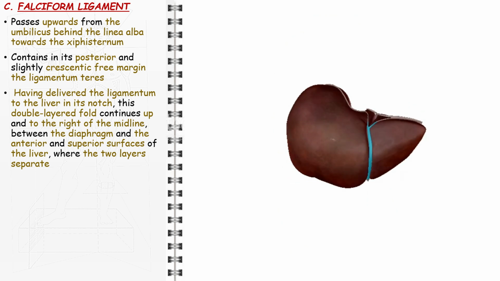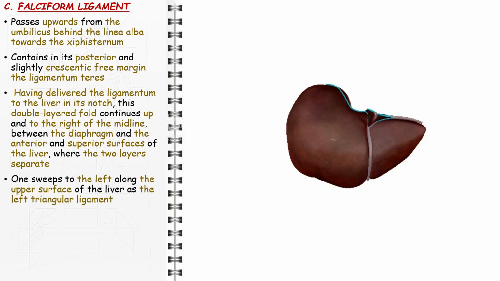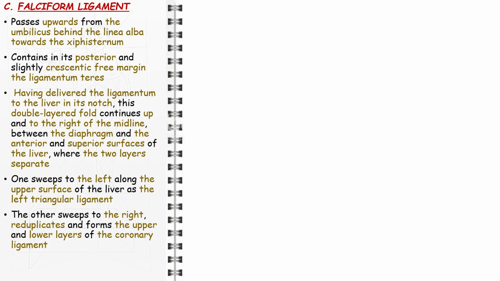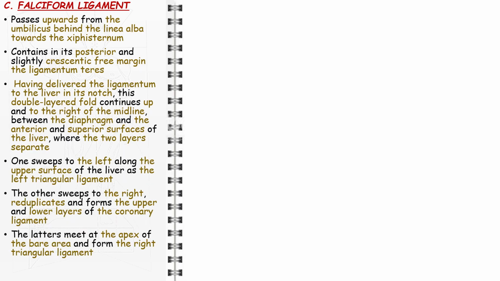One sweeps to the left along the upper surface of the liver as the left triangular ligament and the other sweeps to the right, reduplicates and forms the upper and lower layers of the coronary ligament. The latter meet at the apex of the bare area and form the right triangular ligament. The falciform ligament not only separates the right and left lobes but also separates the right and left subhepatic recesses.